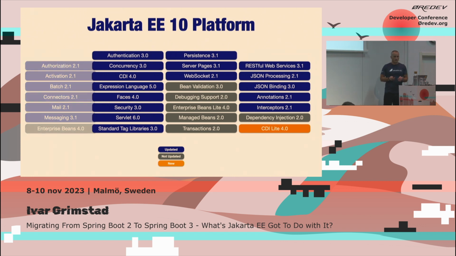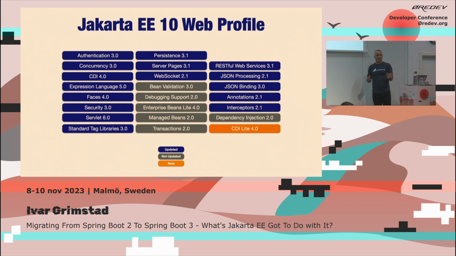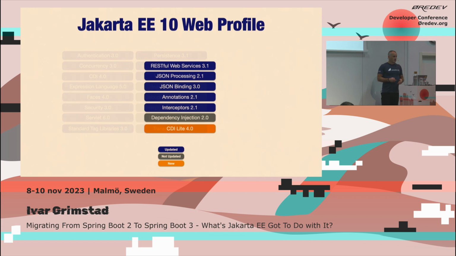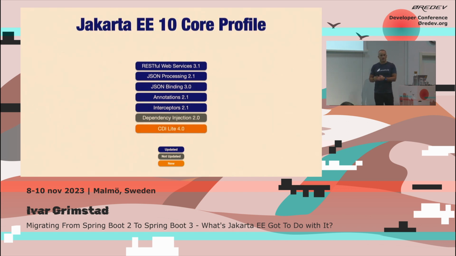We also have a subset of the platform, which is called the Jakarta EE 10 web profile. This is a set of specifications targeting more traditional web applications. And if we peel off even more of them, we have the brand new Jakarta EE 10 core profile, which is something new we introduced in Jakarta EE 10. The web profile came in Java EE 6, so it's been around for a long time, and now we introduced a new profile for the first time since then.